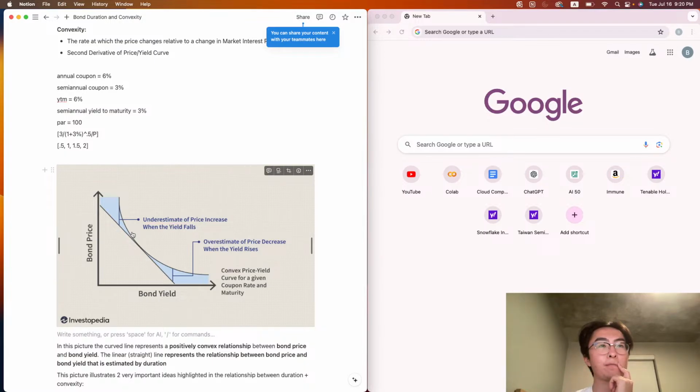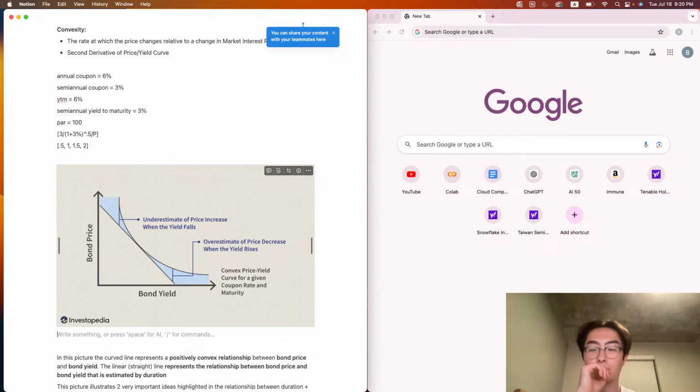And I want to say the second derivative of a convex function is a constant. Yeah. The first derivative of a straight line function is a constant.